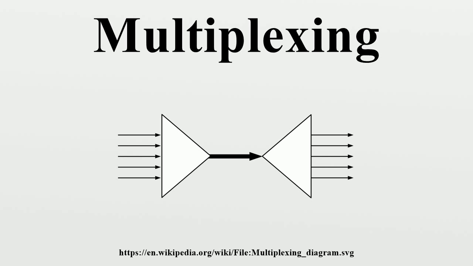In wireless communication, space division multiplexing is achieved with multiple antenna elements forming a phased array antenna. Examples are multiple input and multiple output, single input and multiple output, and multiple input and single output multiplexing.